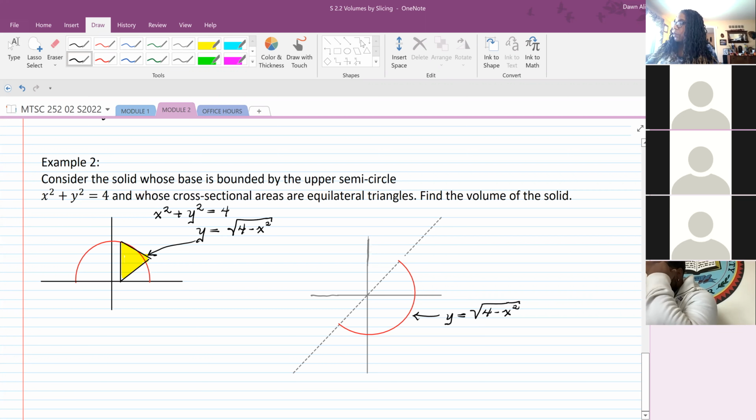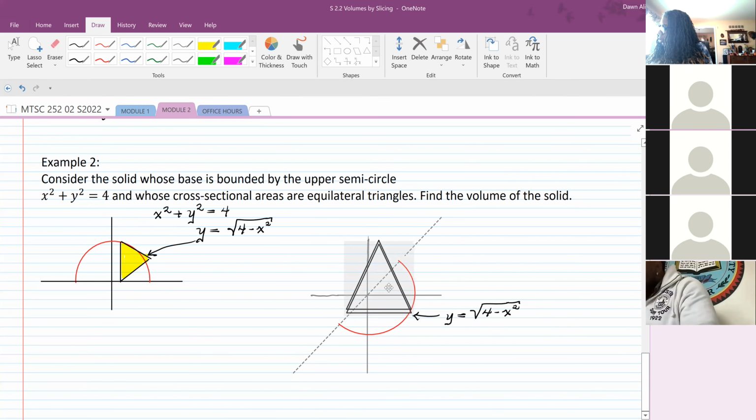And then sticking out of it, the cross-sectional areas are triangles. There you go, cross-sectional triangles. So our equilateral triangle.